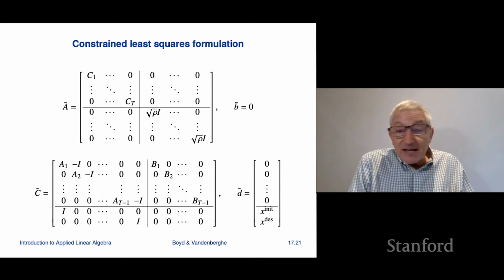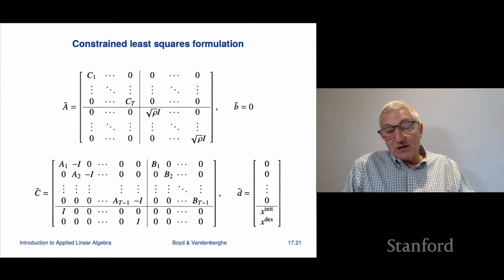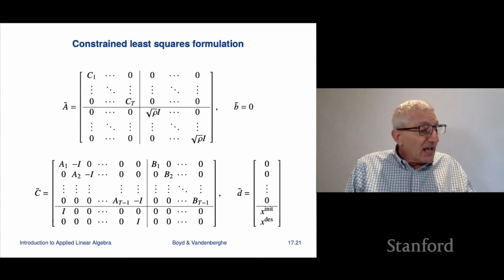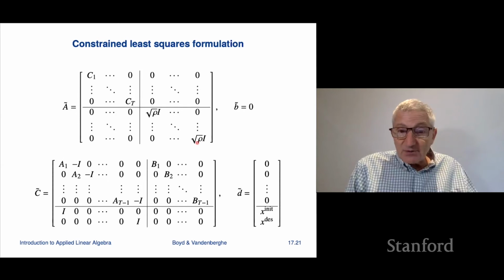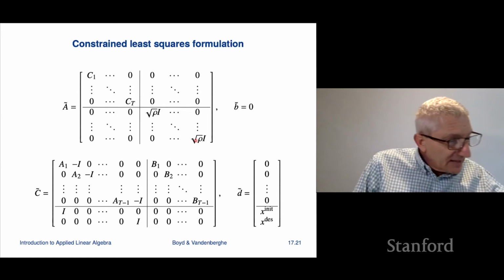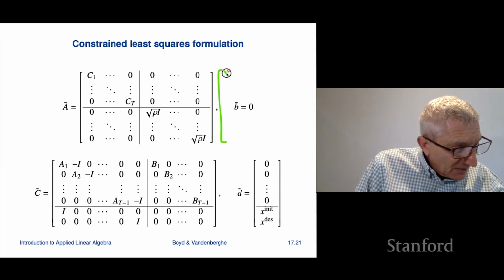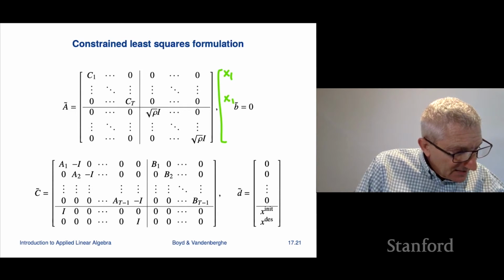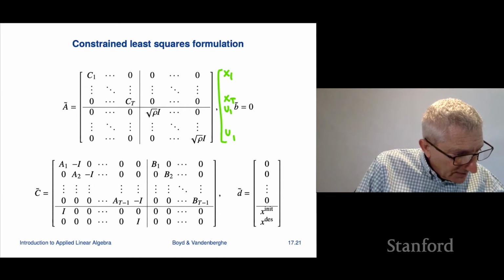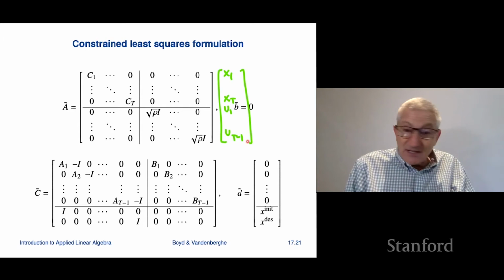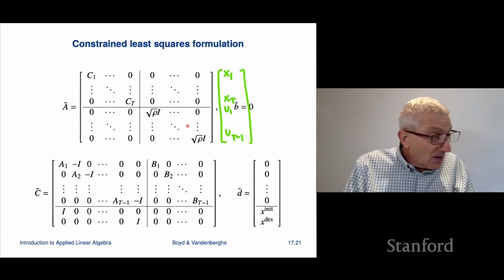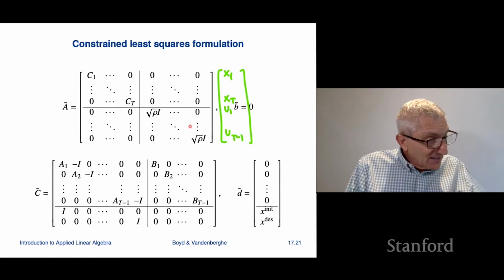Meaning, a diagonal matrix, of course, is a matrix with non-zero entries only on the diagonal. But here it's only these diagonal blocks which are non-zero. And so if I multiply this matrix by x1, down to xT, and then u1, all the way down to u T minus 1, if I multiply this big matrix by this vector, and I do that blockwise, what I'm going to get is going to look like this.